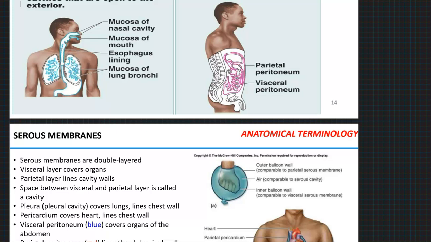Give me an example. Mouth, yes. Just the nasal cavity. Okay, very good. For eyes, these are sort of outliers. They're weird, but they're up there, and there is a mucosal membrane called conjunctiva.